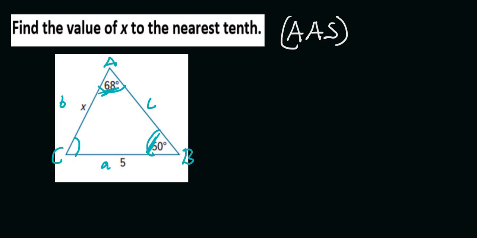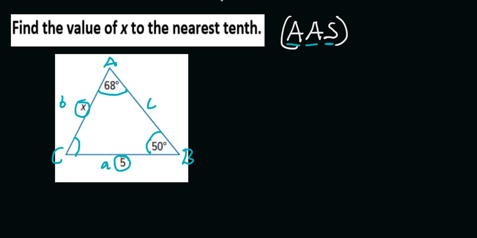If you look at it very well, you discover that opposite angle B is the unknown, which is x, and opposite angle A is 5. So whenever you have a question like this, it means you are given angle, angle, and a side.